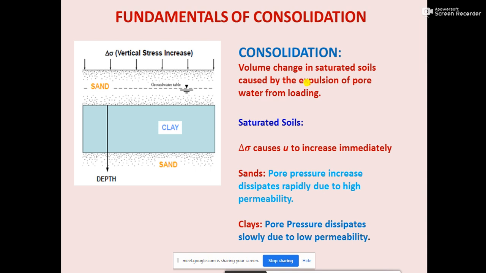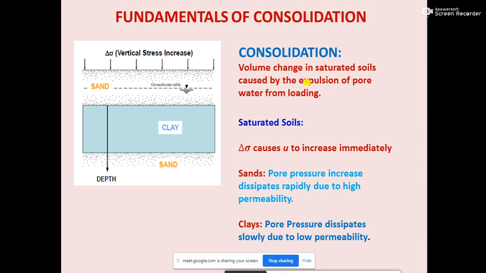And as soon as the pore spaces become empty, two soil particles will come into contact with each other, and because of that, and as the external loading is coming onto the soil, there will be a change in the volume of the soil mass.